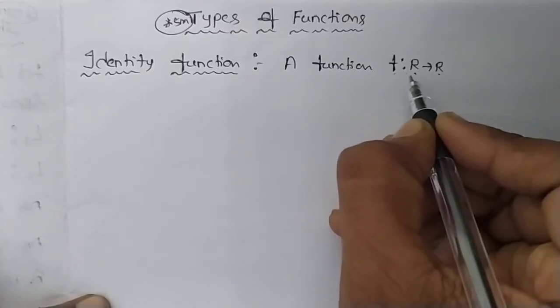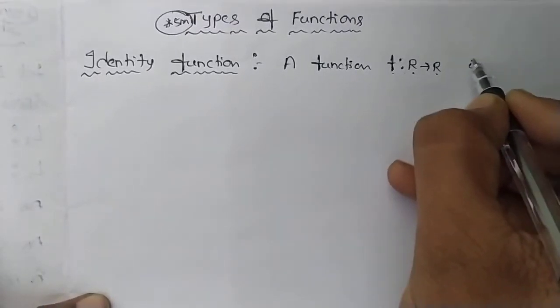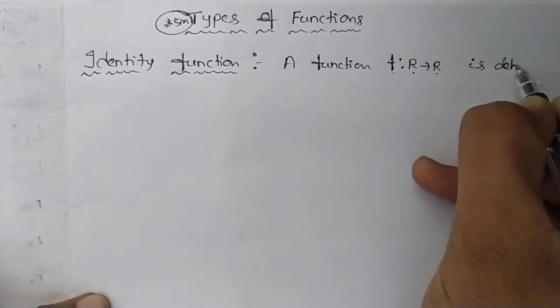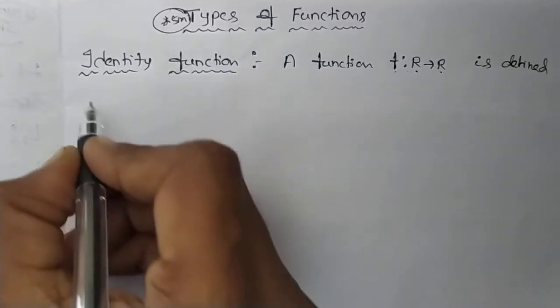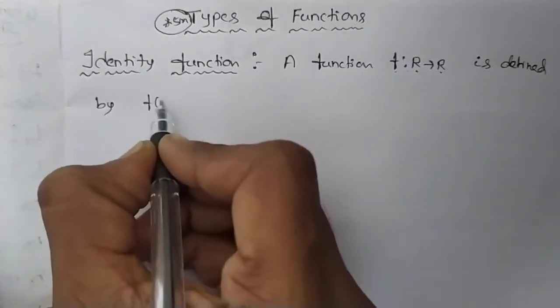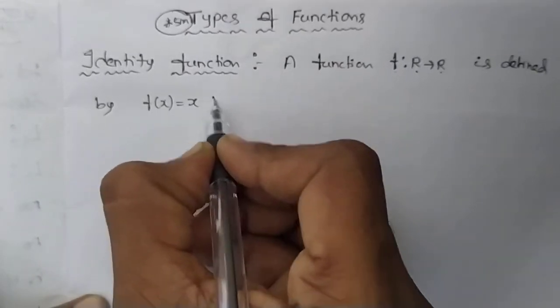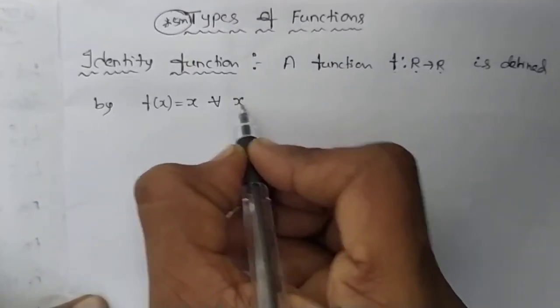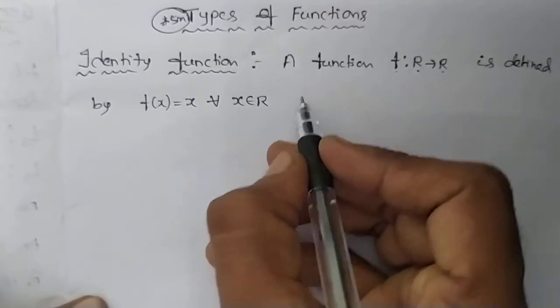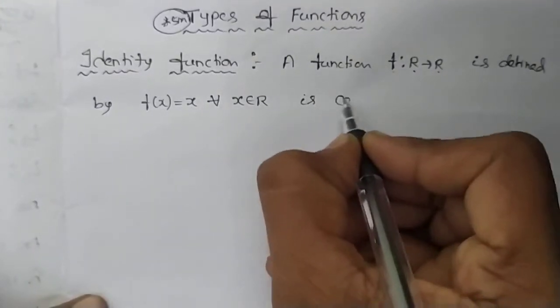A function f from R to R is defined by f of x equals x for all x belongs to R is called an identity function. It is the definition of an identity function.